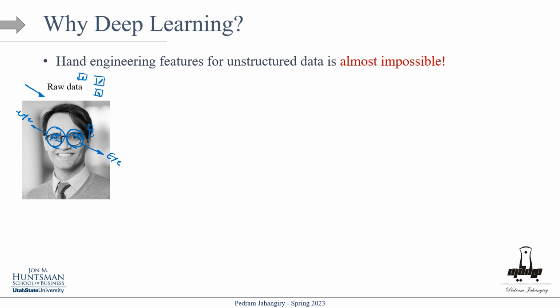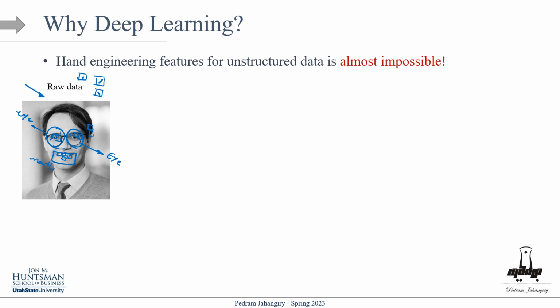And as you can guess, hand engineering these features for unstructured data like images is almost impossible. Even if it is not impossible, it's hard to scale it in practice. It's not scalable, right? And maybe again, if I'm hand engineering these things, after detecting a bunch of edges, I realize that, okay, maybe this is a mouth, this is a nose, and so on.